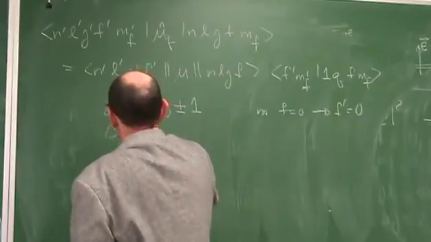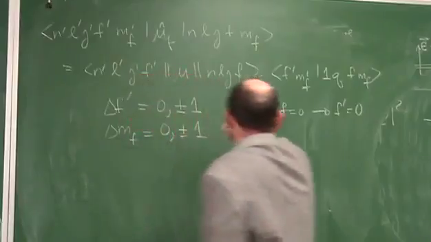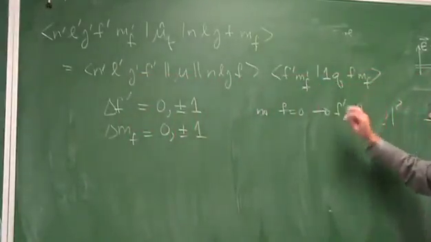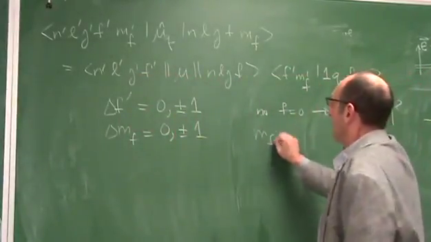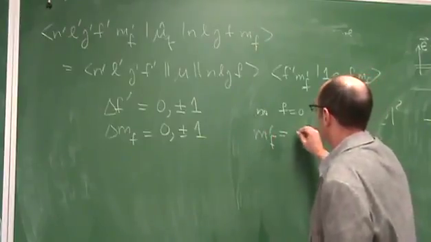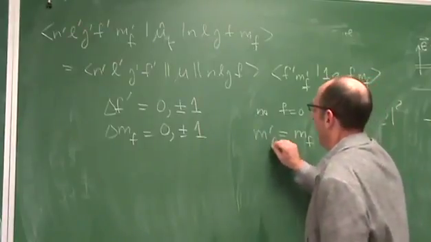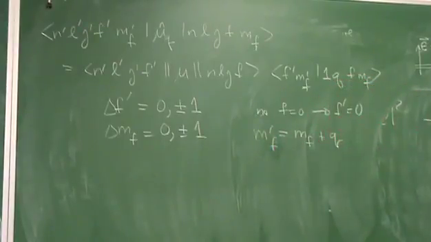Delta m sub F can also change by 0 plus or minus 1 according to the polarization or the oscillation direction of the magnetic field by the same arguments we had for electric dipoles. That's all the same.